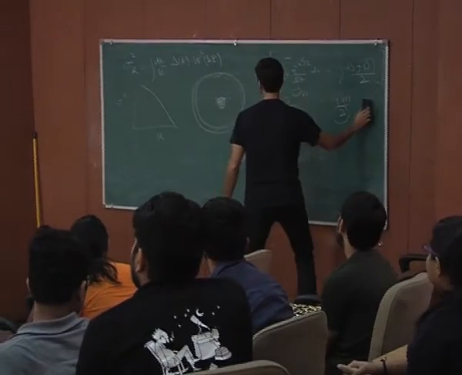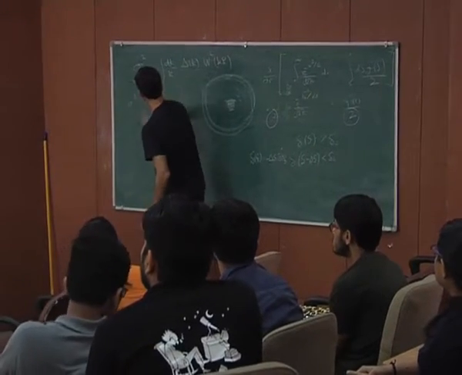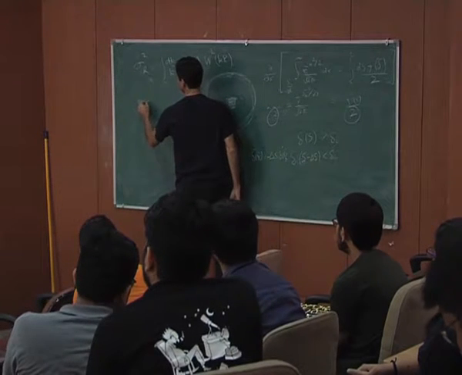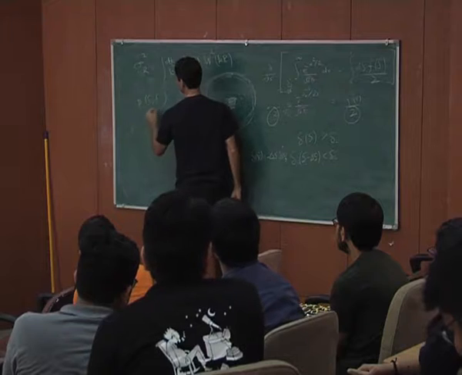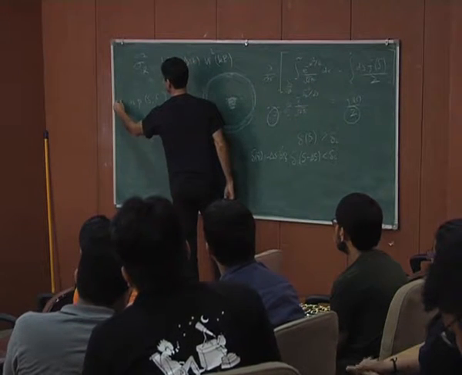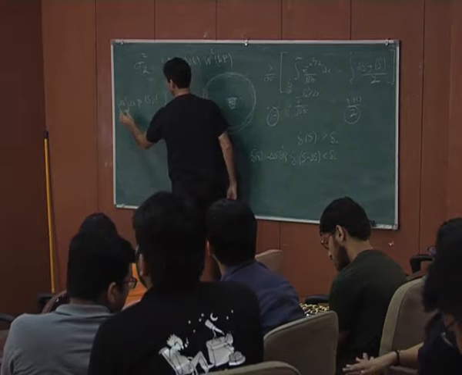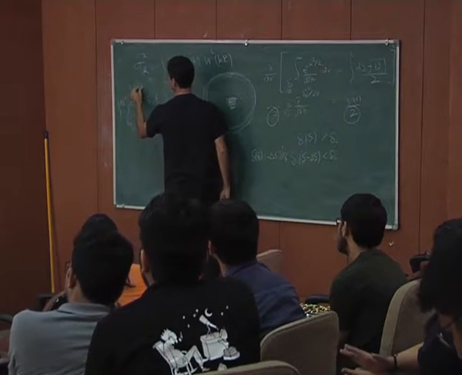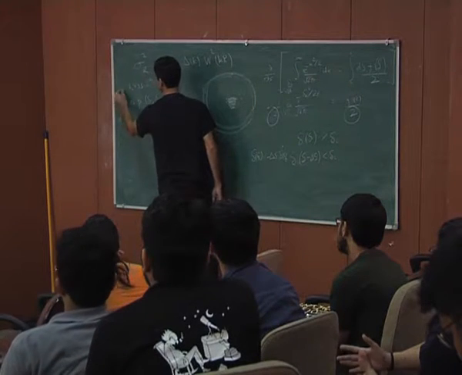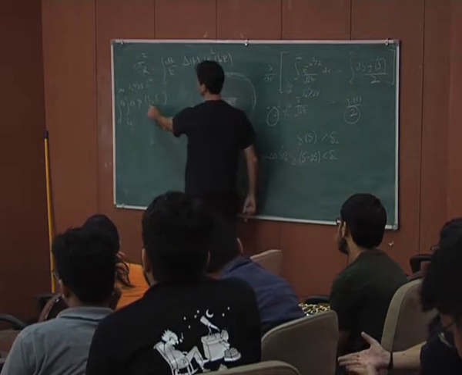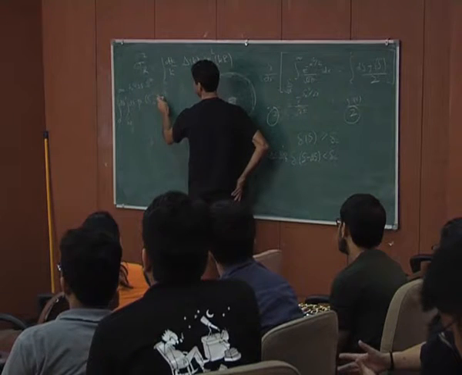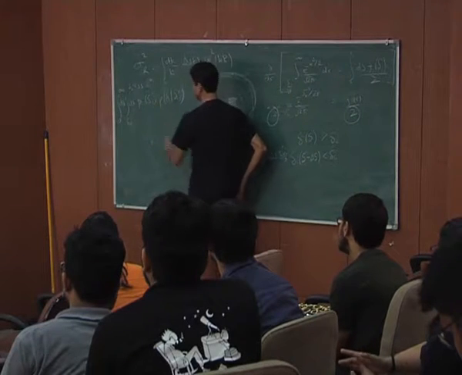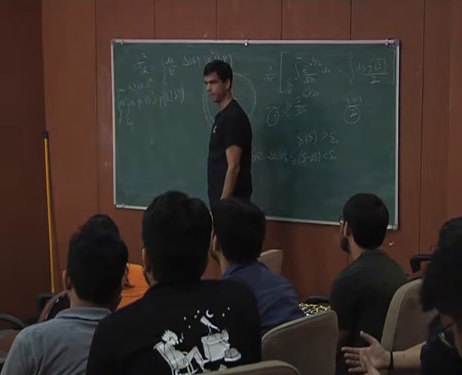So we have the joint distribution of P of delta and delta prime, d delta prime, with the limits, and this one is 0 to infinity. This guy we will write as P of delta prime times P of delta given delta prime, Bayes rule.